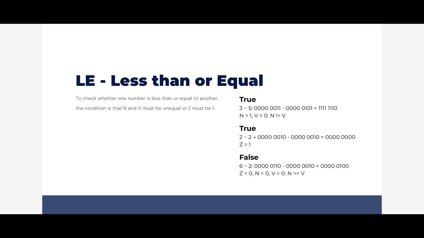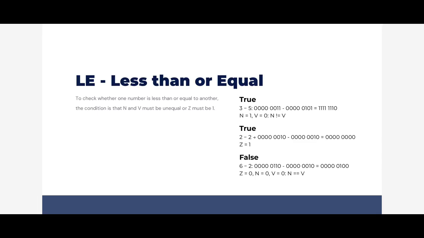And let's look at each of them. In the first case, we try to subtract 5 from 3, which means asking is 3 less than 5, and we get different N and V. And it means the first condition, N and V must be unequal, is true.